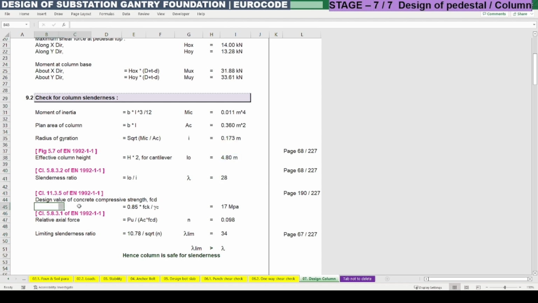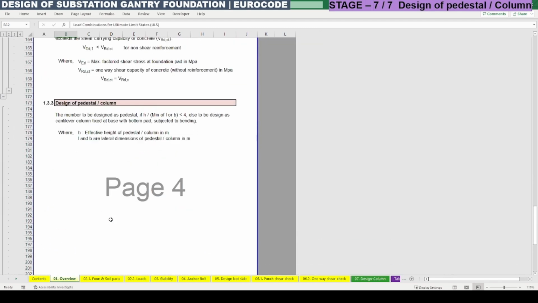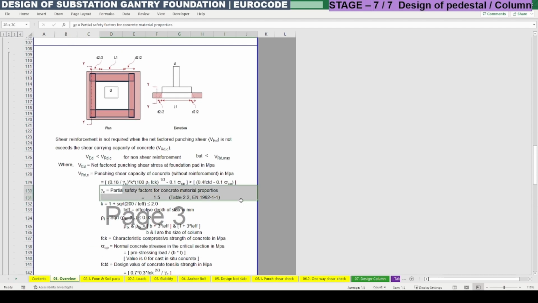Next we need to find out the design value of concrete compressive strength. The equation is 0.85 into FCK divided by gamma C. Gamma C, which we already saw in the first stage of the video, is the partial safety factor for concrete material, which we have considered as 1.5 as per table 2.2 of EN 1992-1.